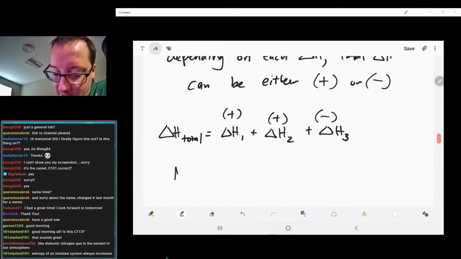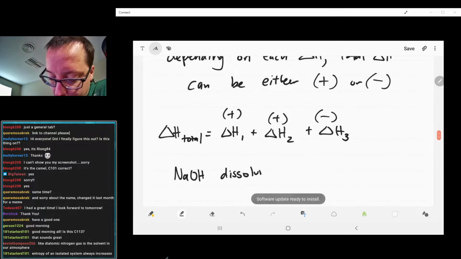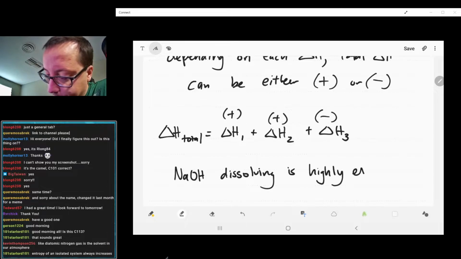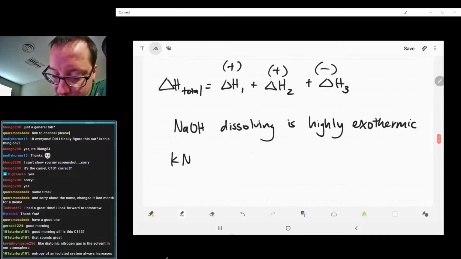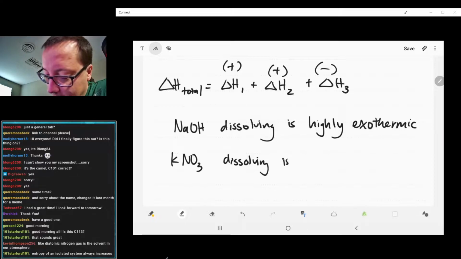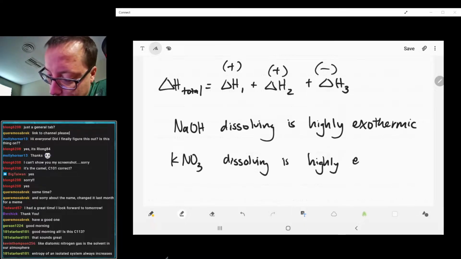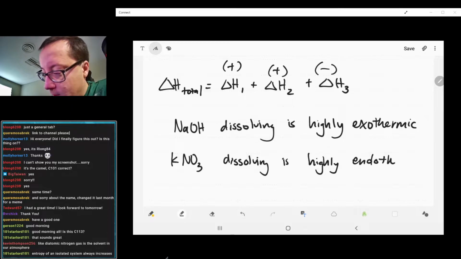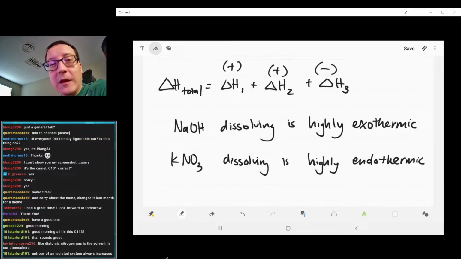For example, NaOH breaking apart is highly exothermic. But potassium nitrate dissolving is highly endothermic. So you can't really tell just looking at a compound what it's going to be, but you can do it by looking at delta H values.